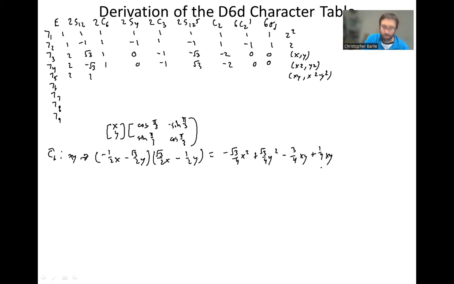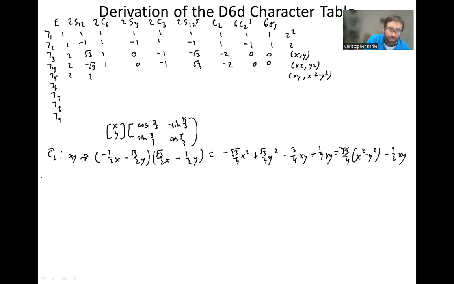So our on-diagonal component here, I can just simplify this part, well, we can factor this out, I guess. So let me just write it out. Here we go. So we get negative root 3 over 4 times x squared minus y squared. Again, we see it goes to a linear combination of x squared minus y squared. And then we have this minus 3/4 xy plus 1/4 xy, which equals minus 1/2 xy.